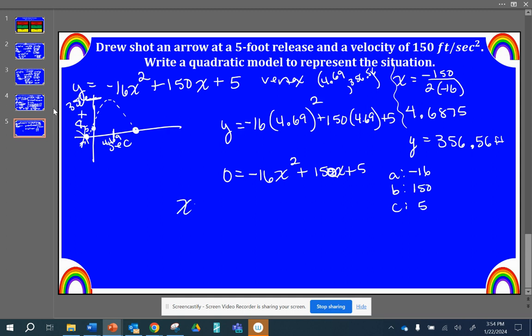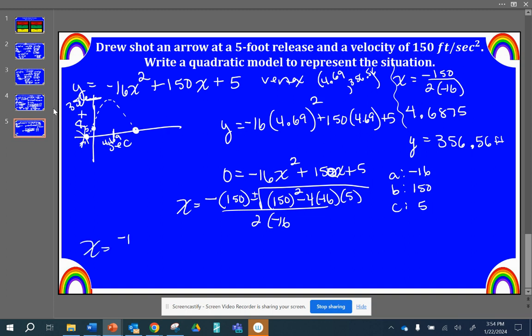Okay, so x equals negative our b value plus or minus the square root of b squared minus 4 times a times c all over 2 times a. Let's clean this up a bit. In my calculator, I'm going to get the discriminant and then take the square root of it.